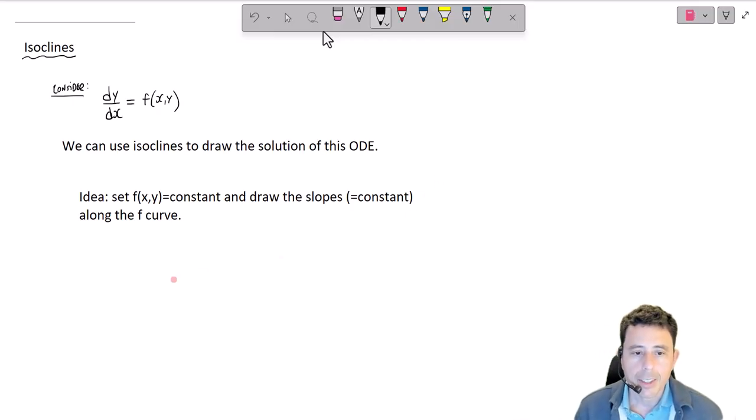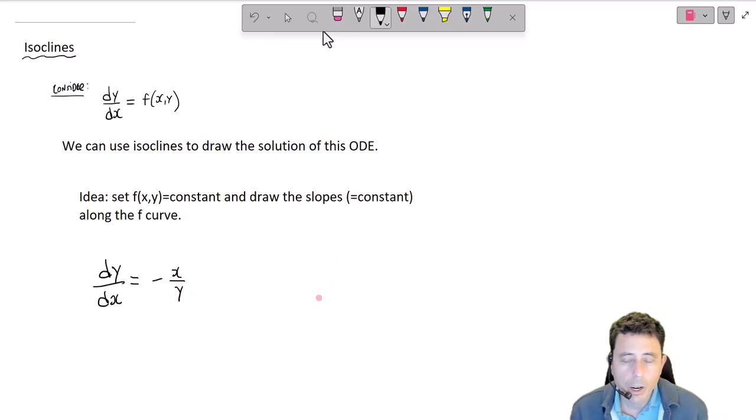So here's the idea. Let's say we have an ODE like this: dy dx equals negative x over y. We don't know what y is, right? y is a function.